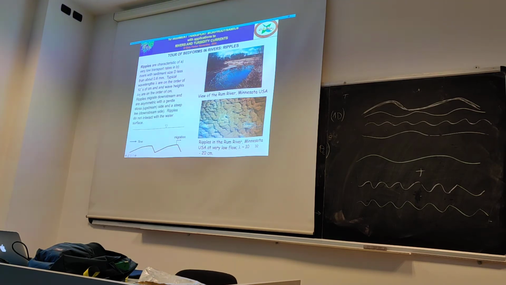So for observing ripples, you have to stay very close to the critical shear stress for motion, above it of course, otherwise you will have no motion of the sediment, but not too much. If you increase the shear stress too much and you have a stronger current, then dunes will start to form.